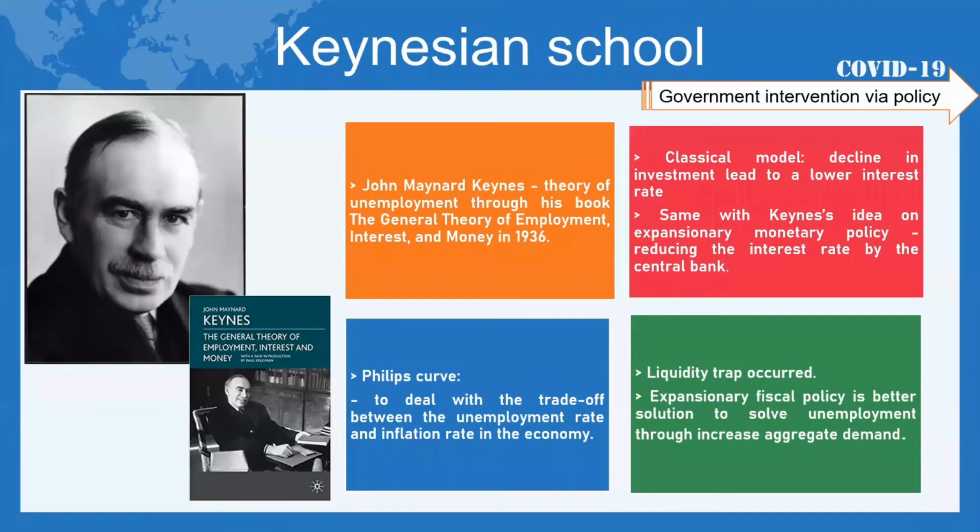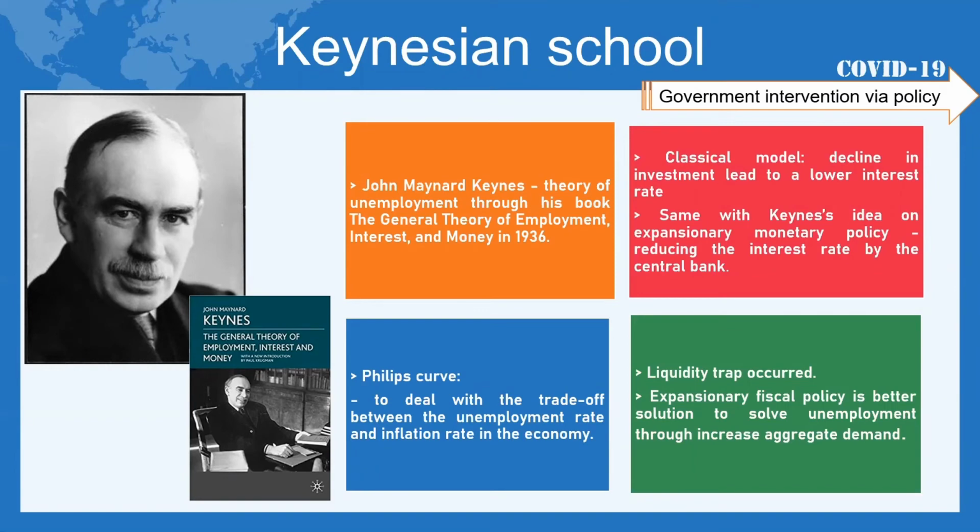Another scholar is John Maynard Keynes from the Keynesian school of thought, who presented his theory of unemployment through his book, The General Theory of Employment, Interest and Money, published in 1936. Keynesian theory originally started from the Great Depression of the 1930s. Classical theory suggested a drop in investment could lead to a lower interest rate.